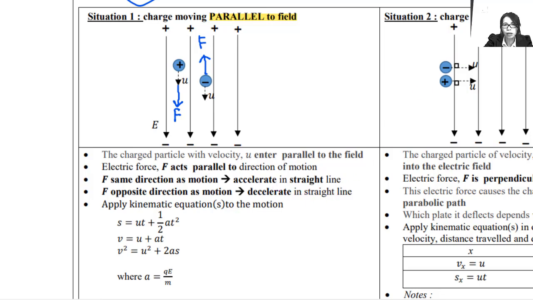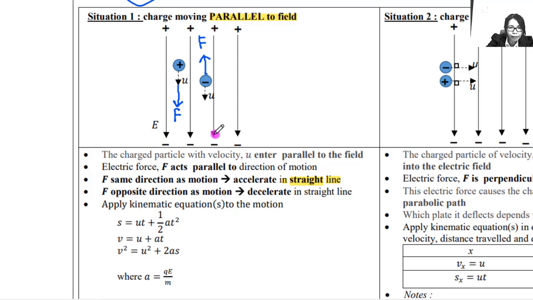Maksudnya charge tu akan bergerak dalam straight line, sama ada accelerate ataupun decelerate. Since the charged particle moves in a straight line, we can apply the kinematic equation, whereby we might apply s equal to ut plus half at squared if I want to find the distance traveled by the charge in the electric field.